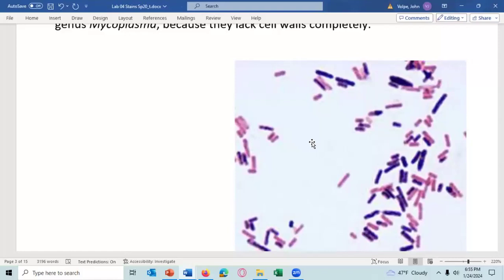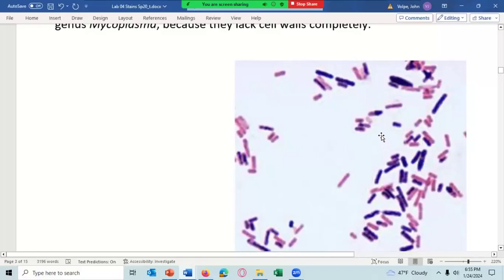Let me just state it: the reason why the cells are gram variable is because the student or person who made this slide used old cells. Whenever you're doing the gram stain, you must use freshly grown cells, or your results may be wrong. Any cells which are older than 2 days old should not be stained with the gram stain. And this stain was used on old cells.